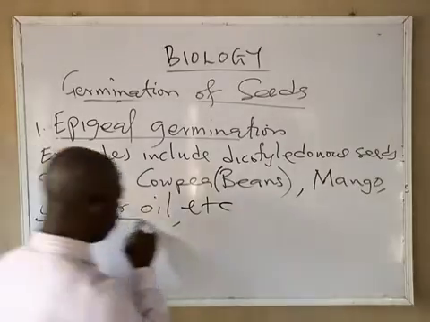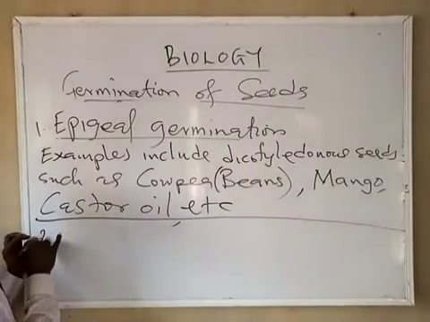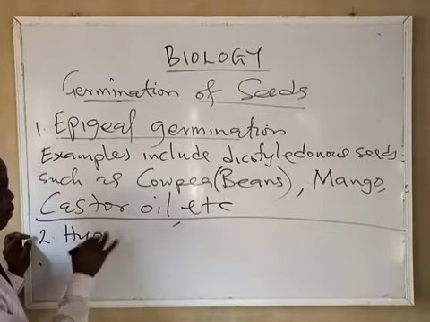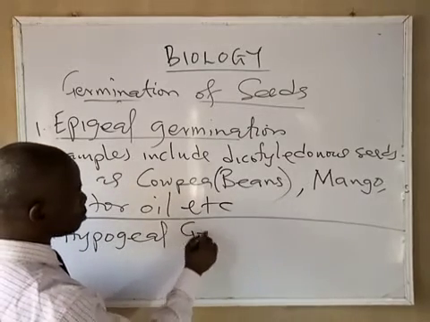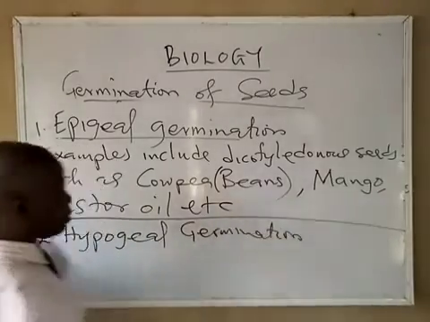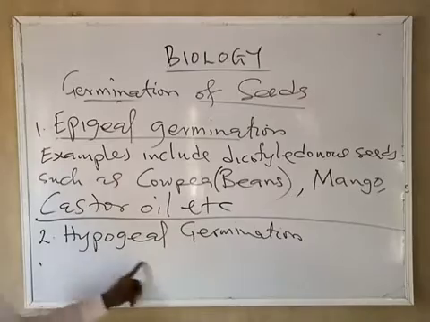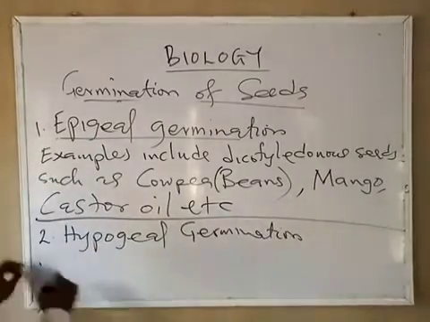Then, for hypogyl germination, we have monocotyledonous seeds.